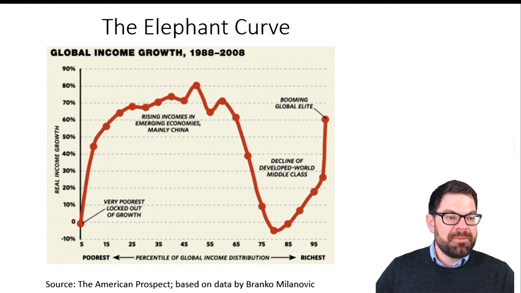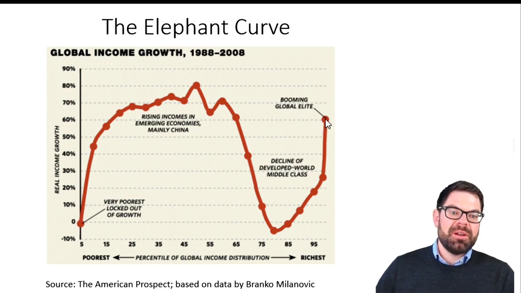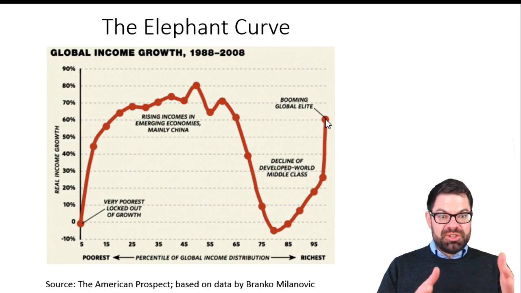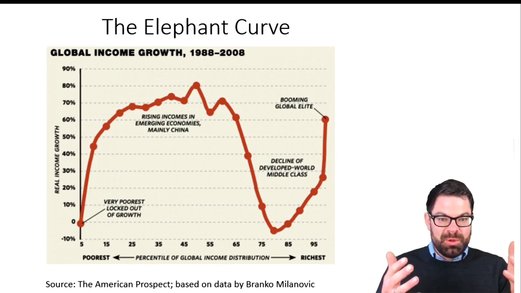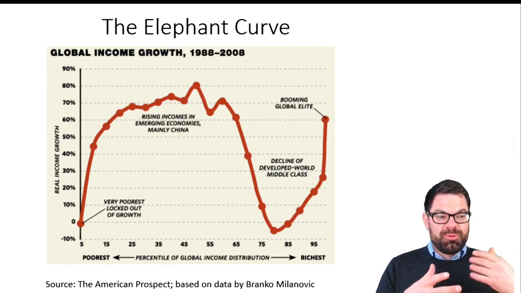Whereas then you have what Milanovic calls the global elite, which are, on the one hand, very rich people in places in pretty much all countries in the world. Their incomes have grown a lot as well.